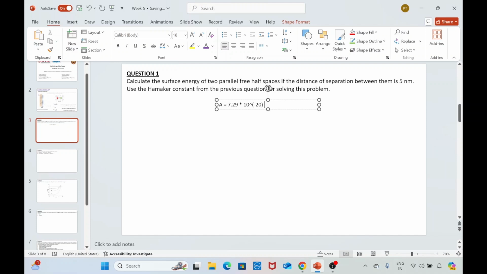And what is the unit of Hamaker's constant? As I keep repeating, please have in mind the unit of Hamaker's constant is joules. So take this as the value of the Hamaker's constant and solve for the problem.